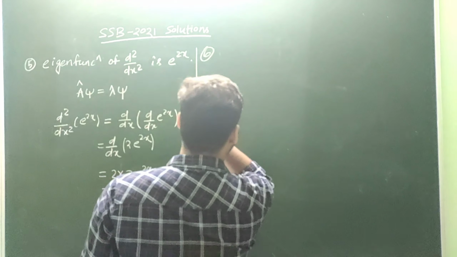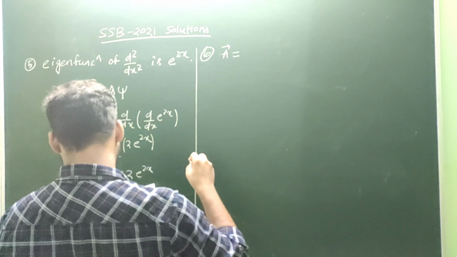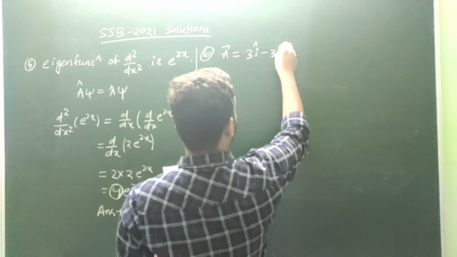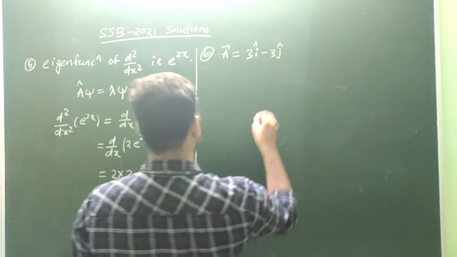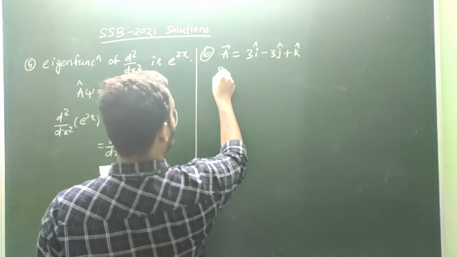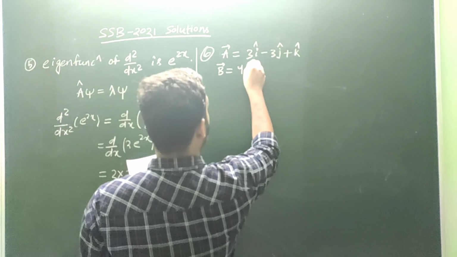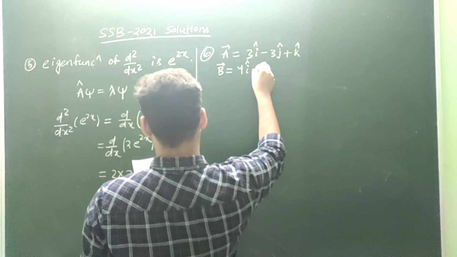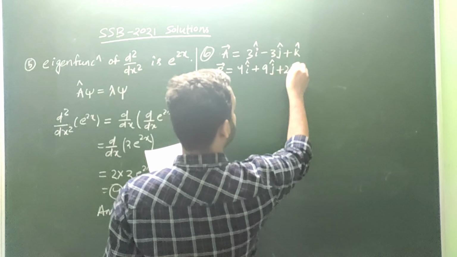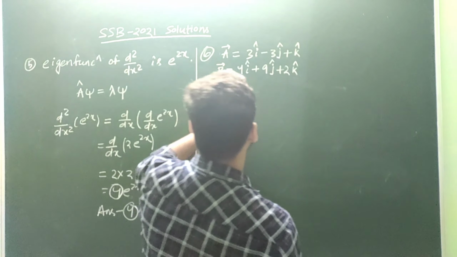there are two vectors. One is A, that is equal to 3i cap minus 3j cap plus k cap, and another vector was given as B is equal to 4i cap plus 9j cap plus 2k cap, and he is asking for the cross product of these two vectors.